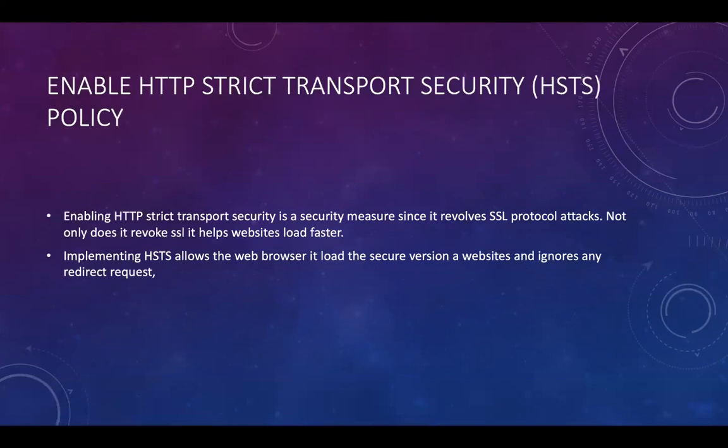Enable HTTP Strict Transport Security policy. Enabling HSTS is a security measure since it protects against SSL protocol attacks. Not only does it revoke SSL, it also helps the website load faster, since HTTPS is relatively slower than HTTP.